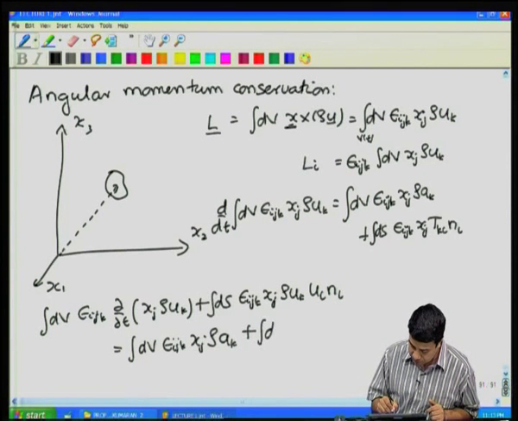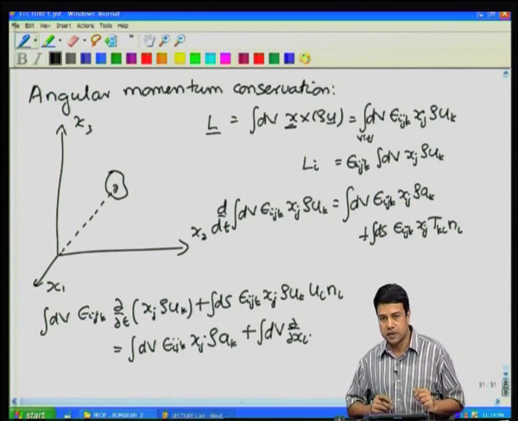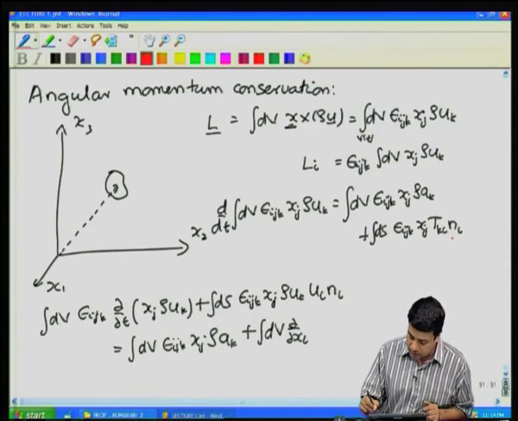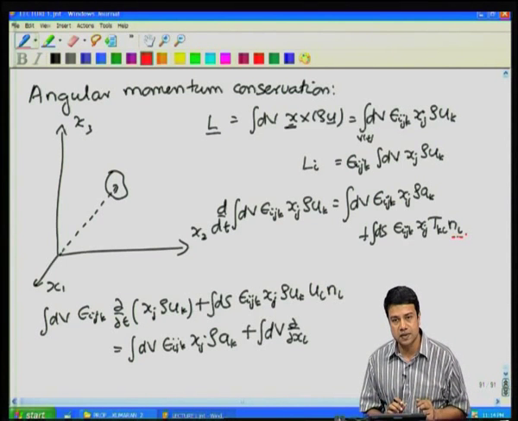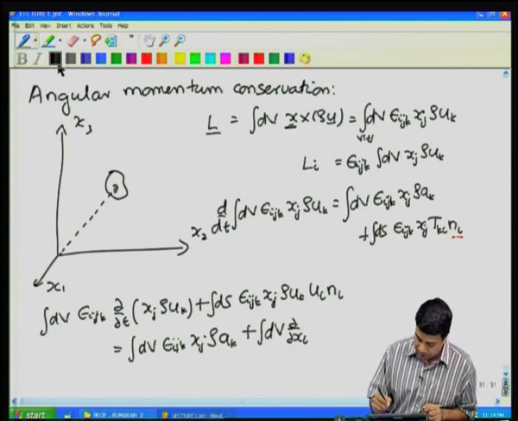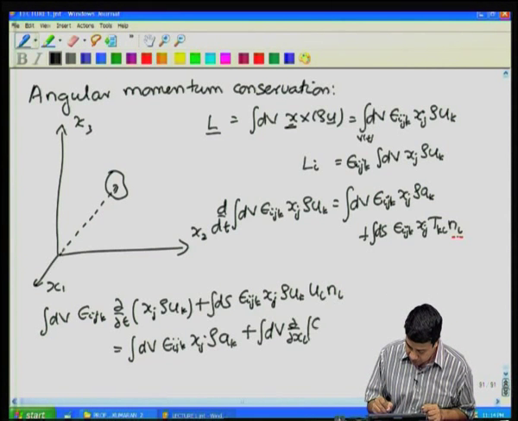So, I convert that into a volume integral, partial by partial x l. The divergence has the same index as the unit normal in the surface integral. Times epsilon i j k x j t k l.